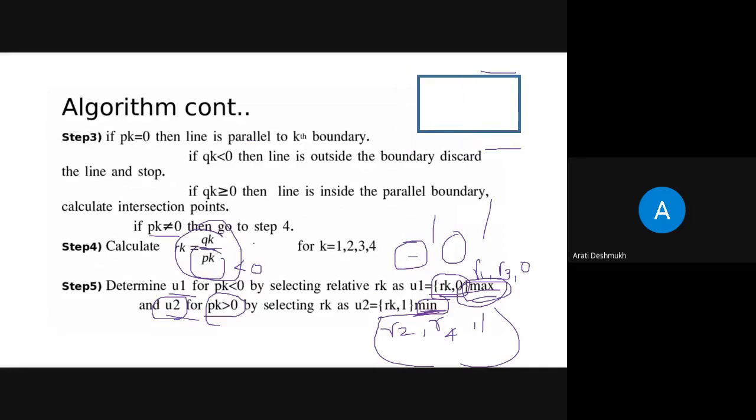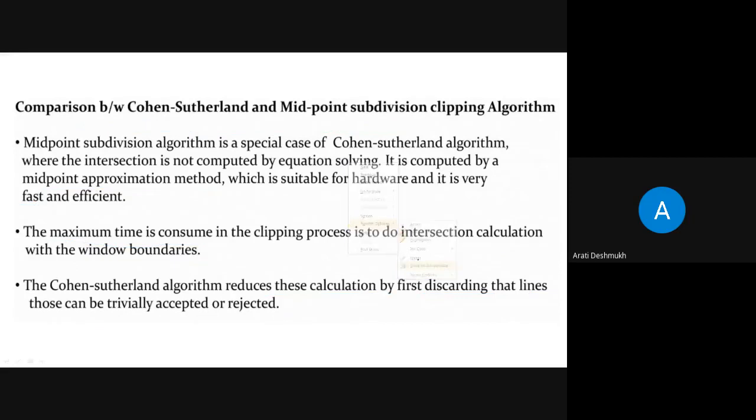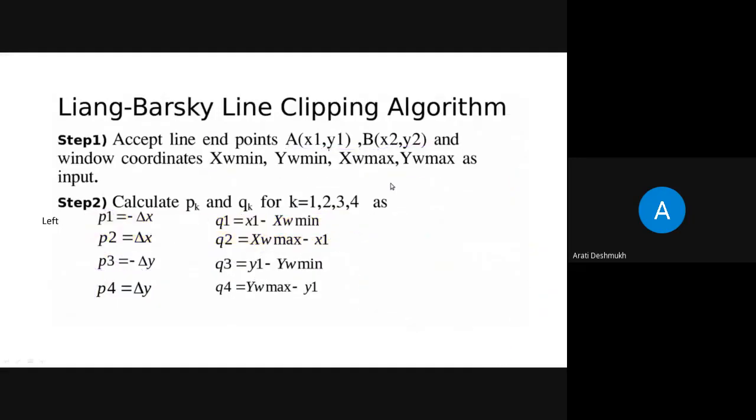What happened here? First, just remember this: there are two endpoints of a line. There are the maximum and minimum values of the window coordinates. Then we find P1, P2, P3 and P4 using the formula, and again Q1, Q2, Q3 and Q4, so we find the values for left, right, top and bottom.